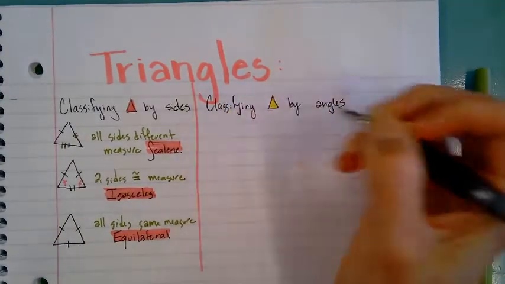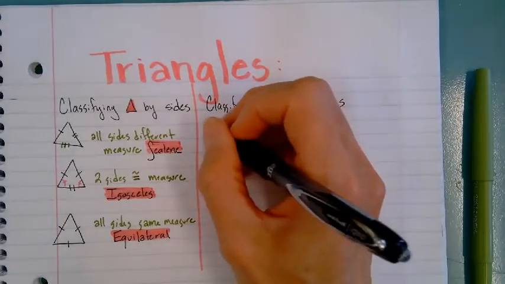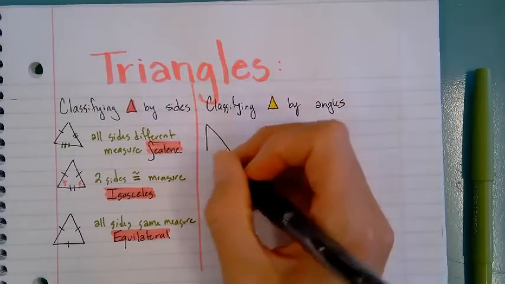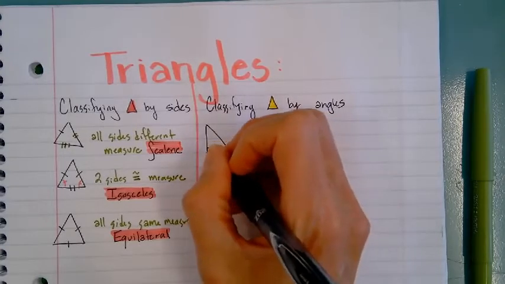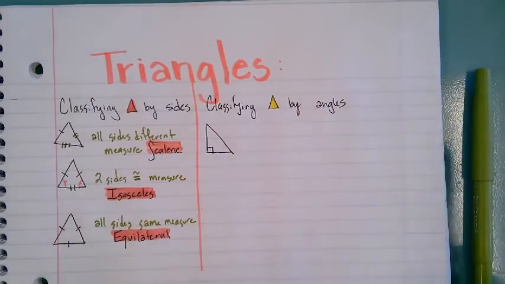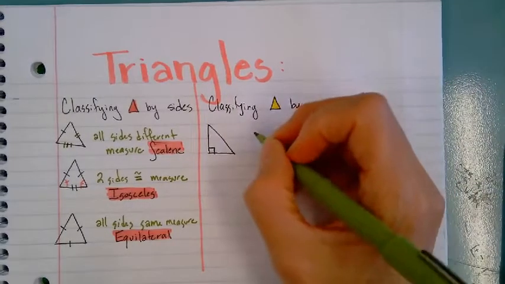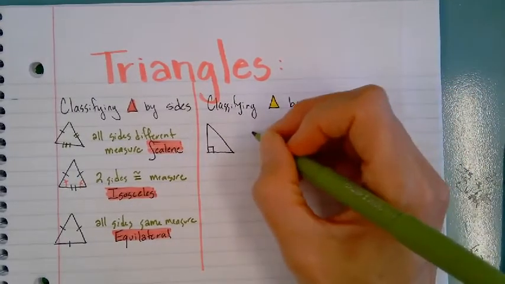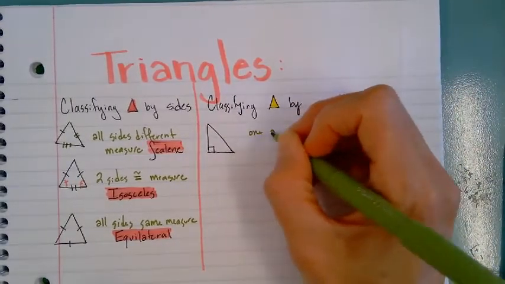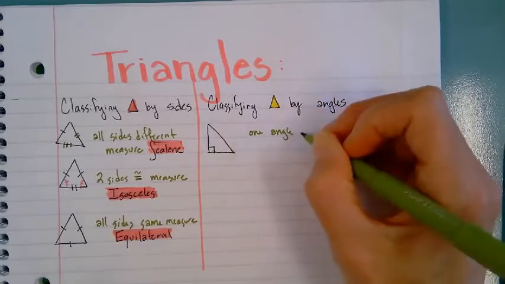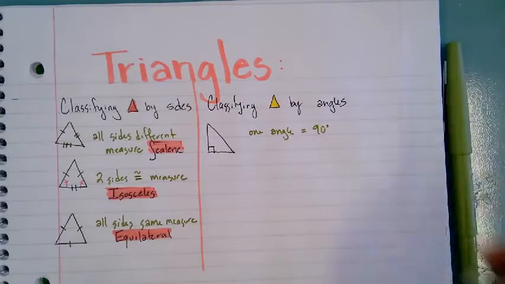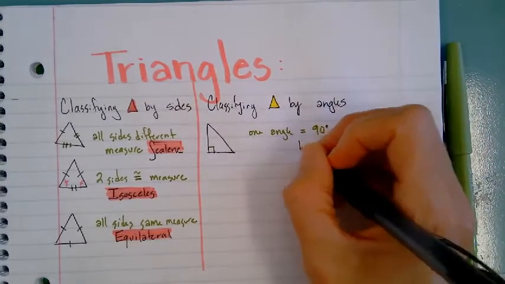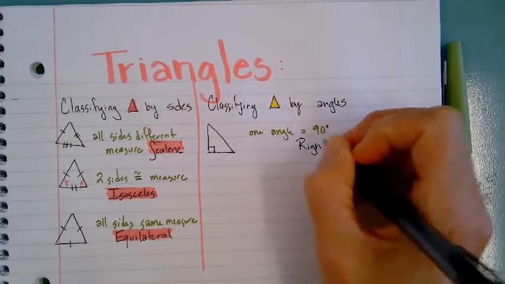So let's start off with my favorite, the right triangle. There's a lot of different things you can do with the right triangle. But a right triangle has one of its angles equal to 90 degrees. So one angle equals 90 degrees. We call that a right triangle.